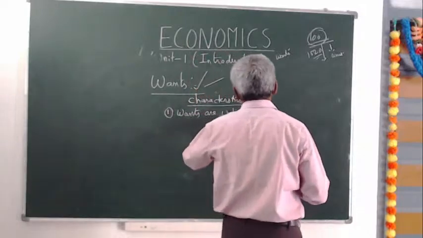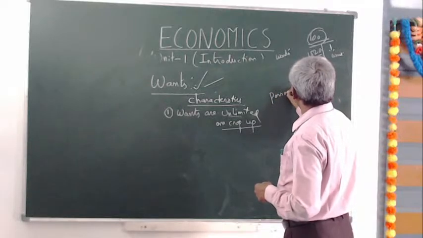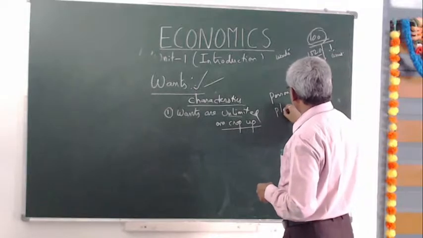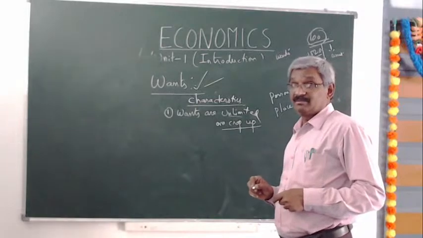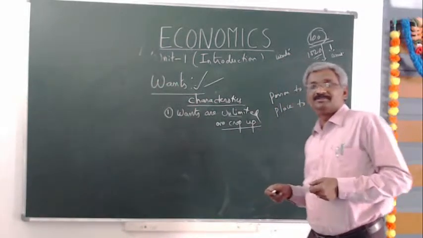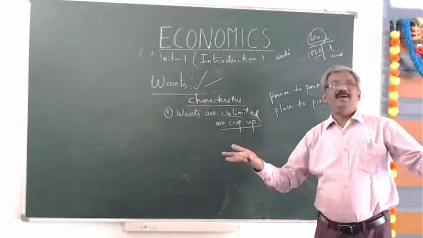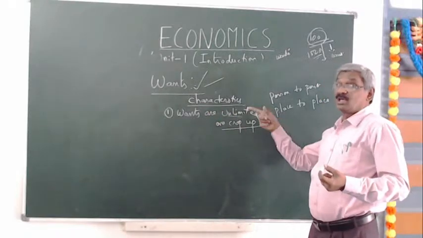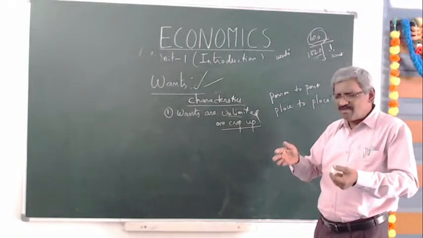Also these wants differ from person to person, place to place. Our wants may differ from another person's. Suppose I want to enjoy watching pictures, and another person differs, he wants to eat. He wants always eating.